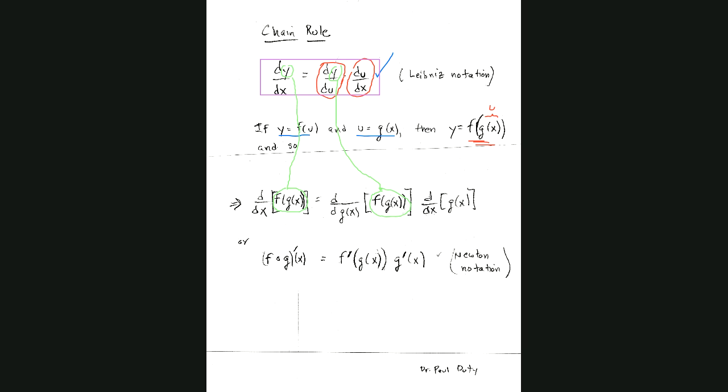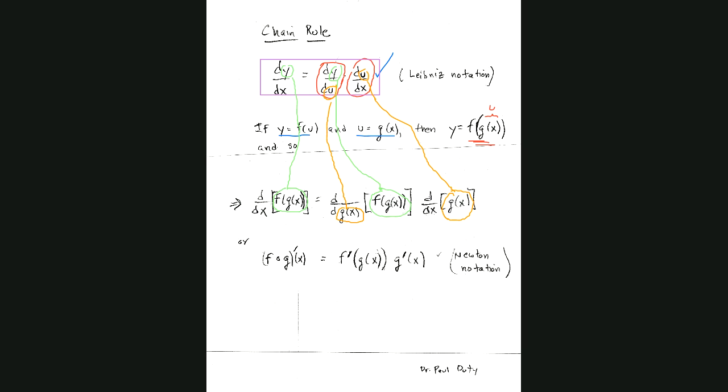Okay, so u was g of x. So we got the derivative of f of g of x with respect to g of x for that portion of the chain rule. And then finally, for du dx, well, u is, of course, g of x. And so you get d of g of x dx.